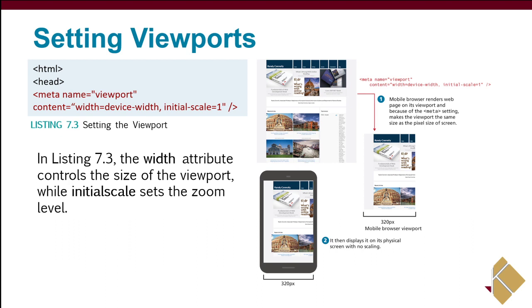In the example here, this is setting the width to device width. So the content is going to be device width, and then the initial scale is going to set it to 1, meaning that it is fitting the width of the viewport and then not scaling it, because it's setting the scale of 1 of what it had before. So no scaling if you set it to 1.